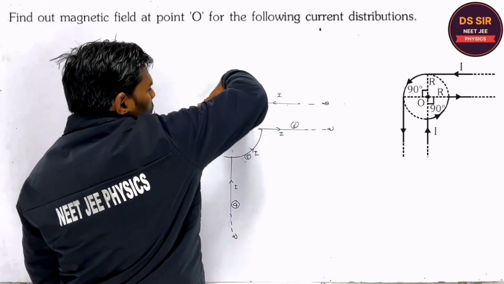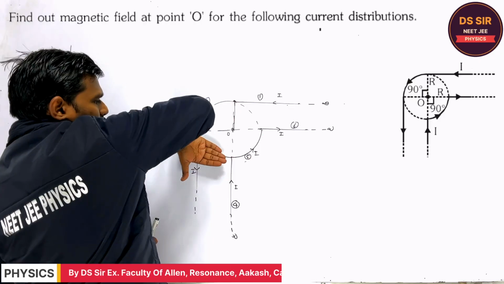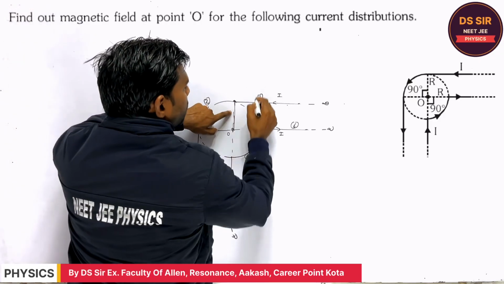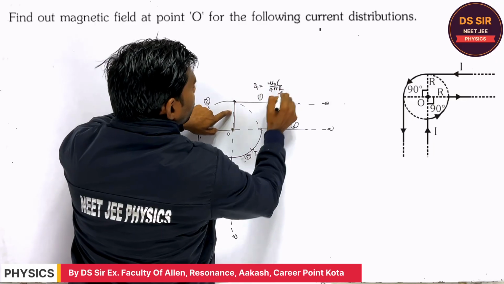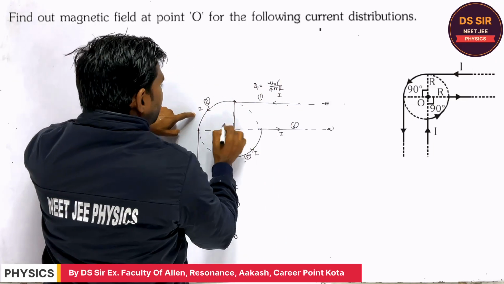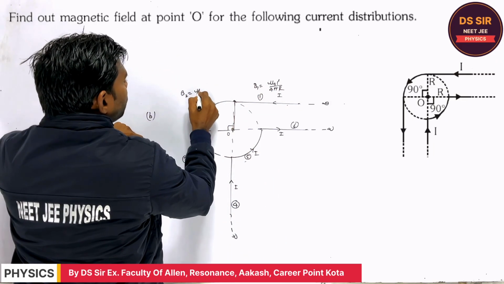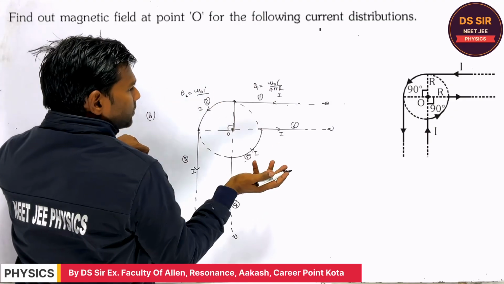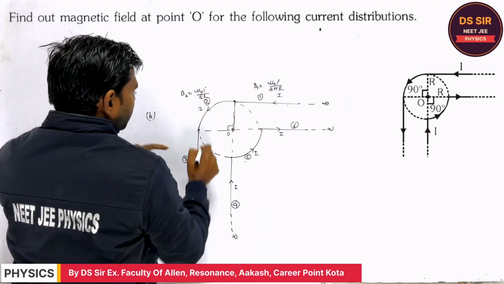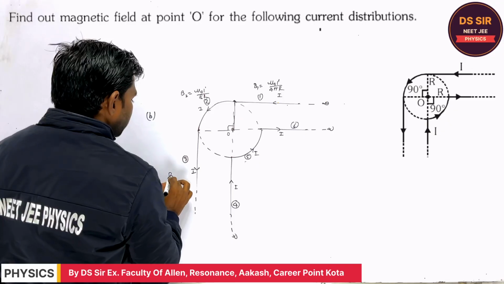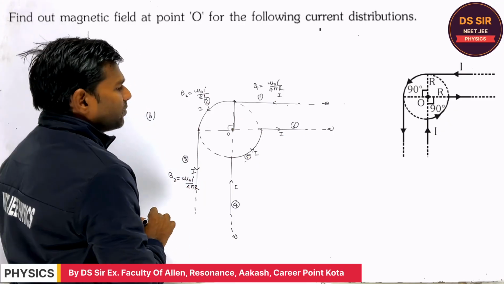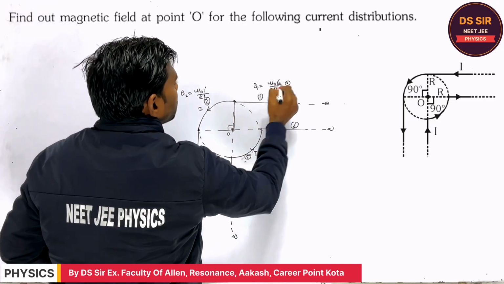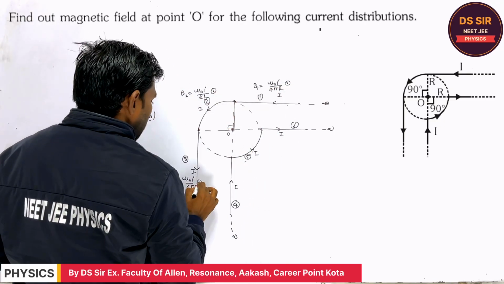Out, out, out. Because of this semi-infinite wire, mu naught I upon 4 pi r. Because of this quarter circle, mu naught I upon 8R. Because of this semi-infinite wire, mu naught I upon 4 pi r, and this is out, out, out.